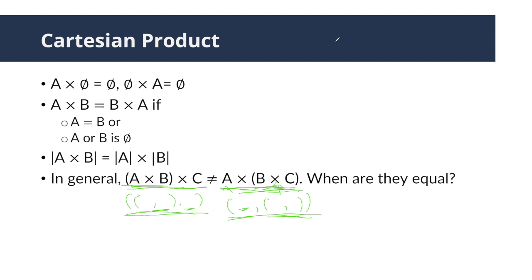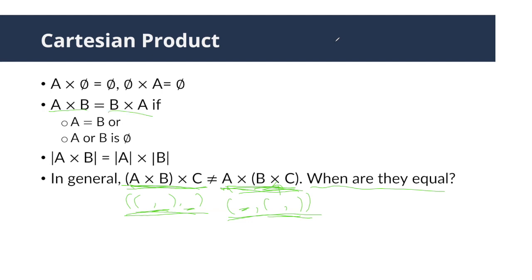But now, my question for you is, when are they going to be equal? Here, you can see, even when A, B, C are all the same, these two are not equal. So this is different from the Cartesian product of two sets.